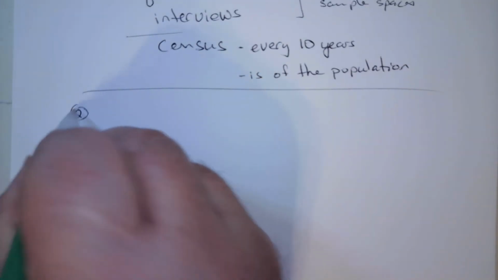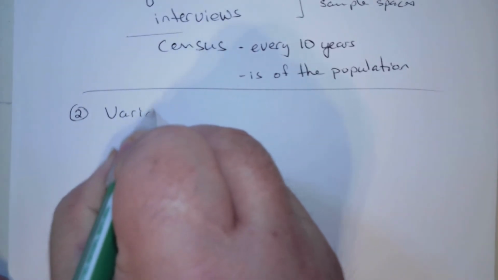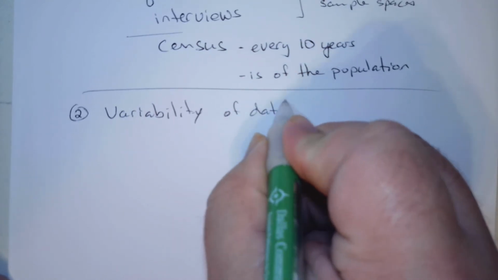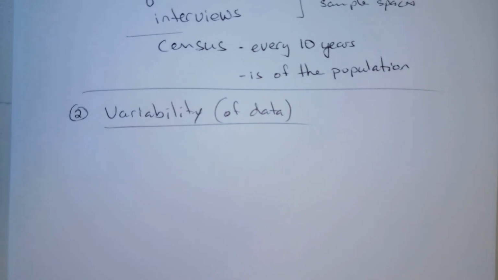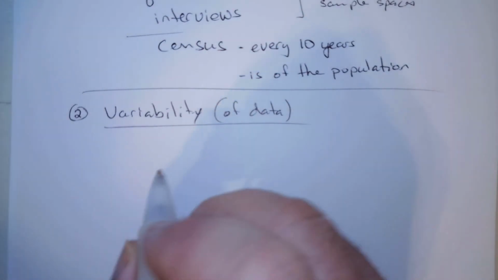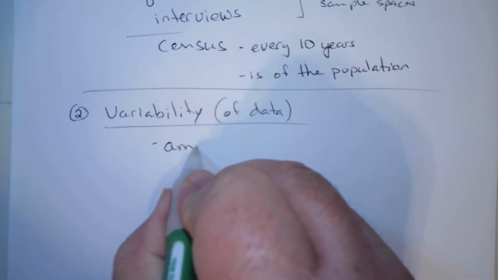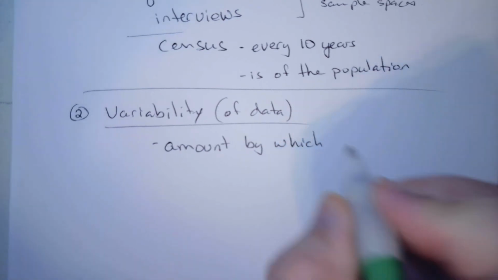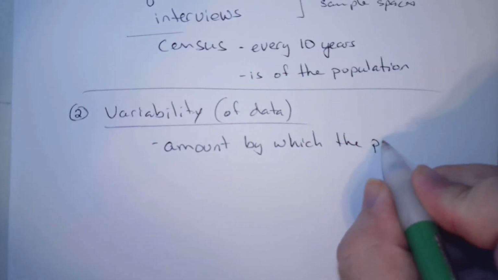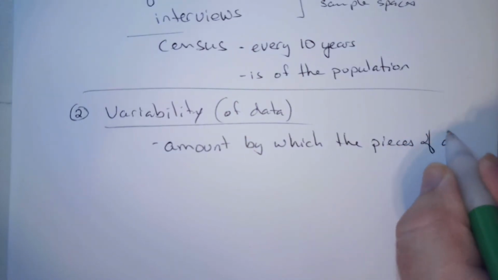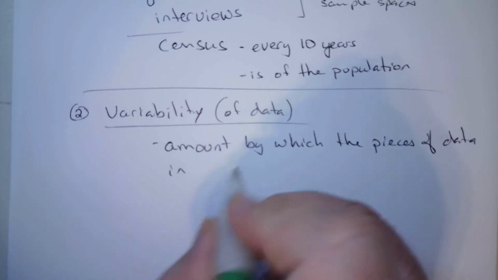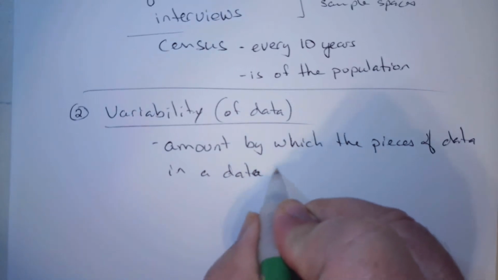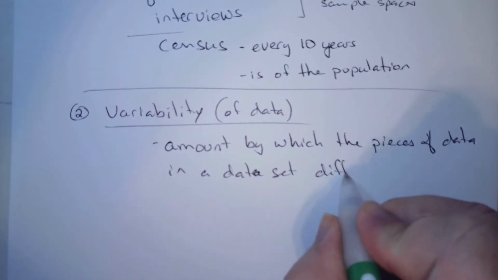All right, the second thing we're talking about is variability of data. When we talk about variability of data, what we're doing is we're discussing the amount by which the pieces of data in a specific data set differ.